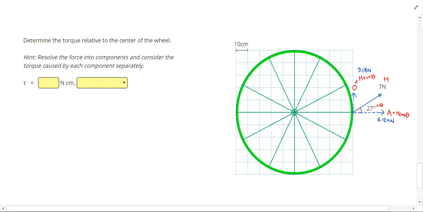But my vertical component, the line of action doesn't go through the center. The line of action is actually 10, 20, 30, 40, 50 centimeters away from the center of the wheel. So for my torque, I'm just going to look at the component that's perpendicular to that radius. So I can do 3.18 newtons times 50 centimeters.